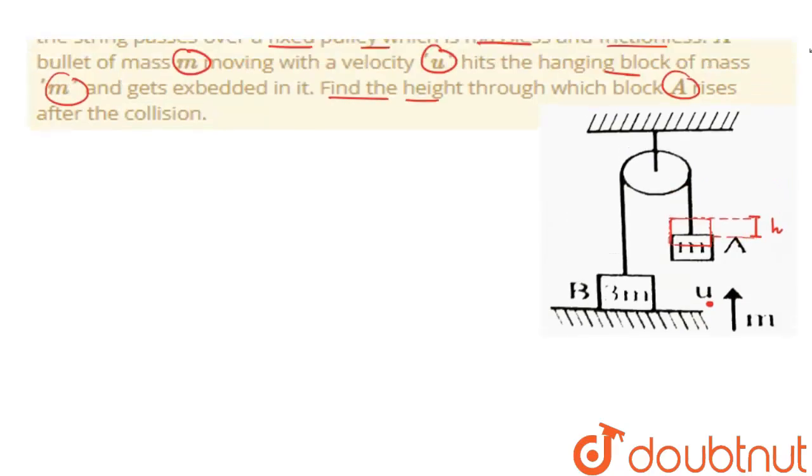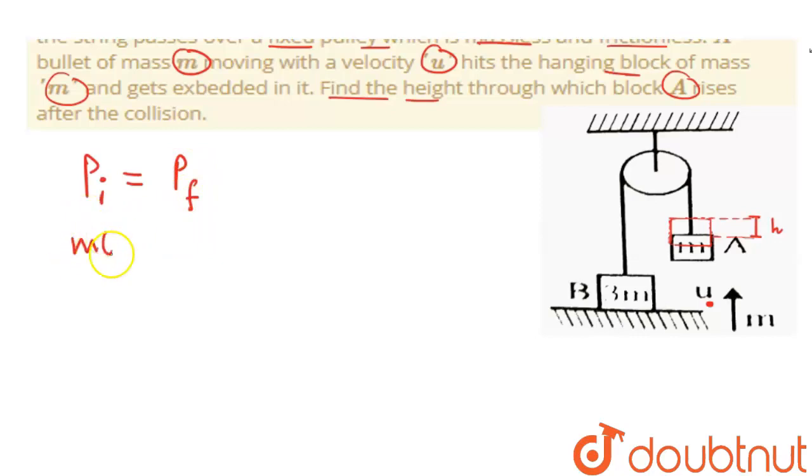Now we will be using the principle of linear momentum, because we can see that clearly there is no external force acting. Applying the principle of linear momentum, initial momentum equals final momentum.